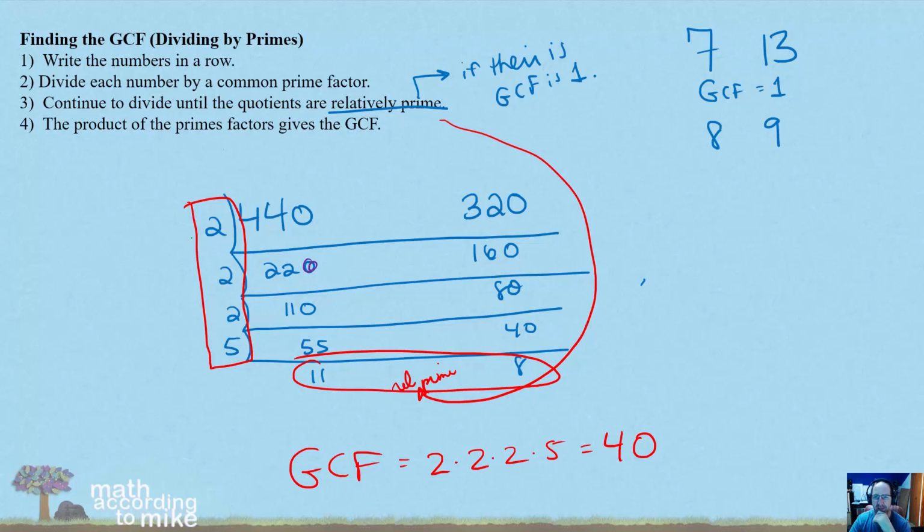If you're finding the GCF, you only multiply these numbers, 2 times 2 times 2 times 5. If you're finding the LCM, you multiply all of these numbers. That's really the difference. So off to the left only, GCF. All the numbers on the outside, LCM.